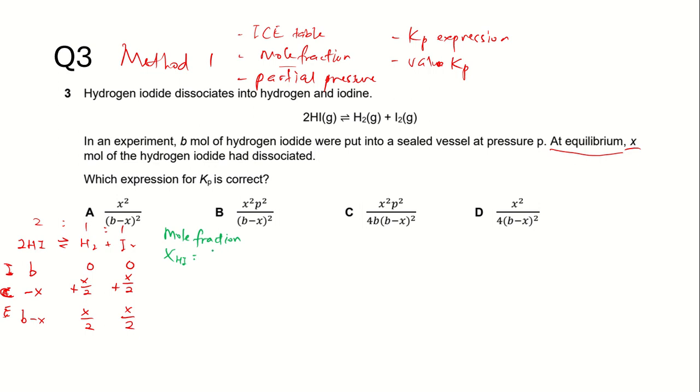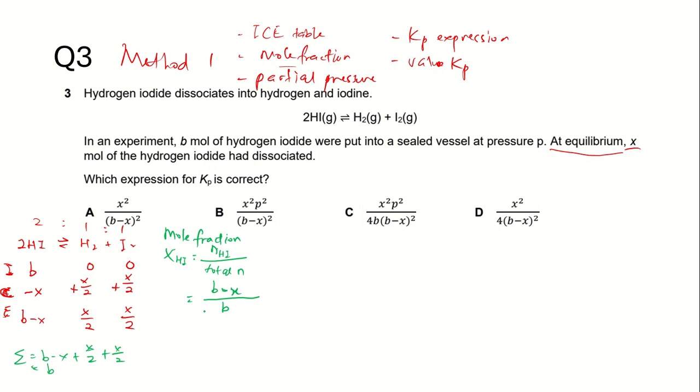It is the number of moles of HI divided by the total number of moles. So the number of moles of HI at equilibrium is B minus X. Total number of moles will be this whole thing, B minus X plus X over 2 plus X over 2, which is B. So our total number of moles is B.